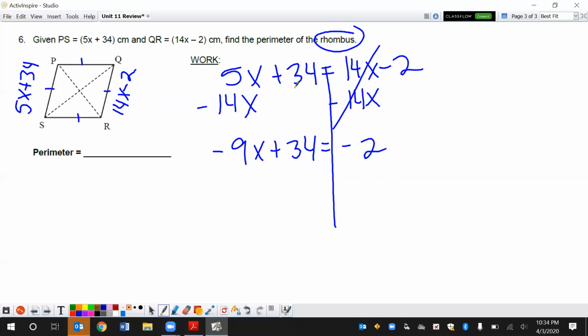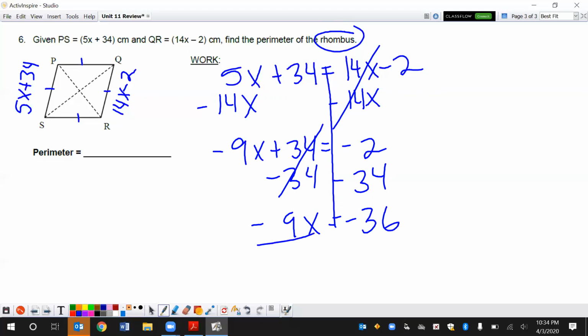And then I carry down the 34 and the negative 2. Then I need to subtract 34 from both sides. And when I do that, I get negative 36. And then to cancel the negative 9, I divide by negative 9. So negative 36 divided by negative 9 is positive 4. So my x value is 4.